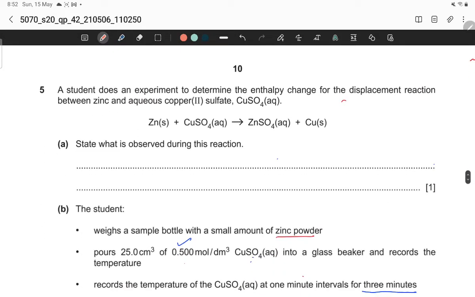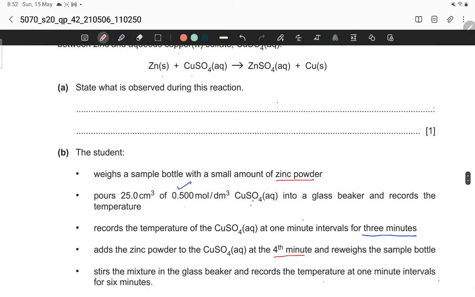A student does an experiment to determine the enthalpy change for the displacement reaction between zinc and copper 2 sulfate. Zinc plus copper 2 sulfate forms zinc sulfate. This is a displacement reaction. State what is observed during this reaction. Copper 2 sulfate is blue in color, zinc sulfate is a colorless solution, and copper, a pink solid, can be seen.